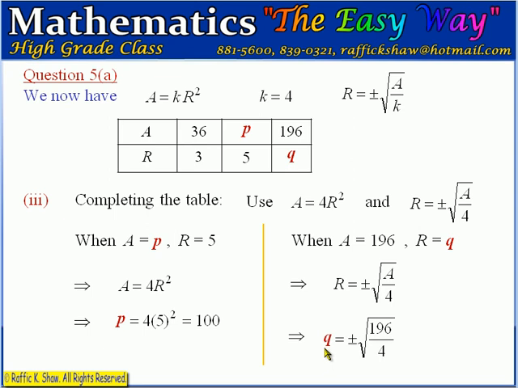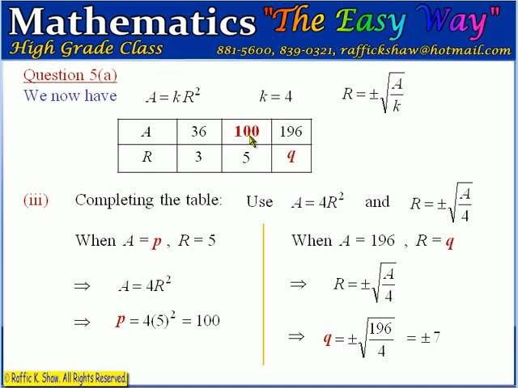Q is equal to plus or minus the square root of 196, which is what A is, divided by 4. 196 divided by 4 is 49, and the square root of 49 is 7. And therefore Q is plus or minus 7. So Q can be plus 7 or minus 7.